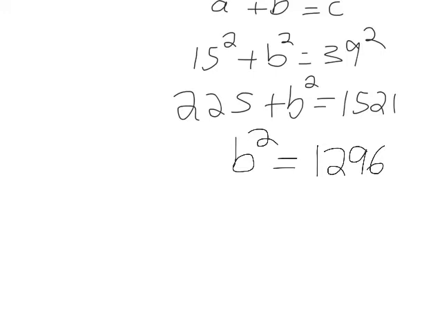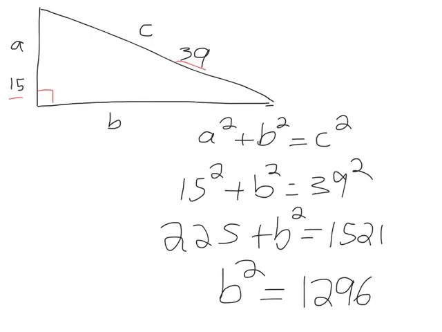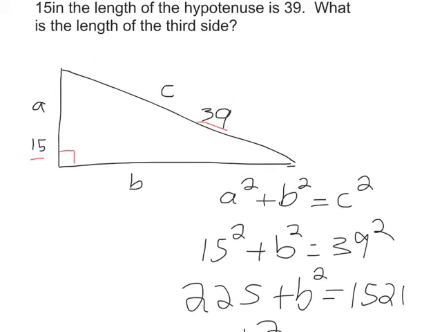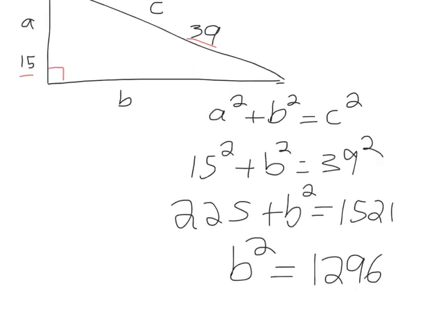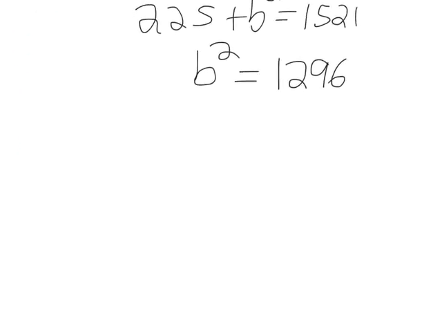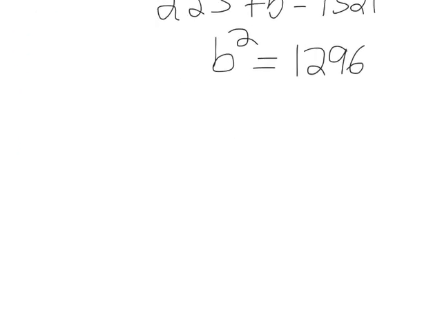Now, with the square root procedure, once you take the square root, you get a positive answer and a negative, plus or minus if you want to write it that way. But for this particular problem, since we're dealing with an actual triangle, and our A, B, and C are all lengths, then we are not going to have a negative answer. The positive answer will be the only one that we'll actually take.